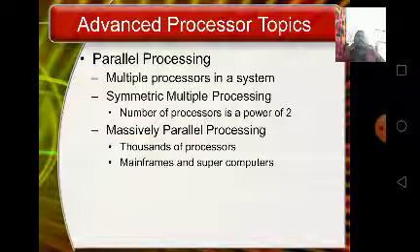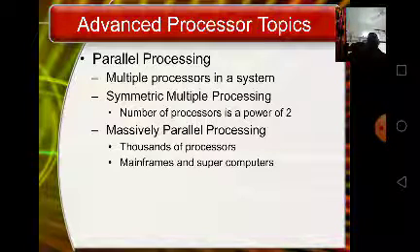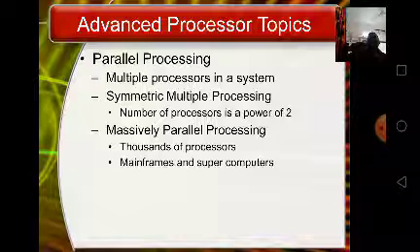A special form of multiprocessing that uses an even number of processors is symmetric multiprocessing, SMP. SMP's advantage is the number of processors is limited to a power of 2. The limitation on the number of processors makes the systems easier to design.